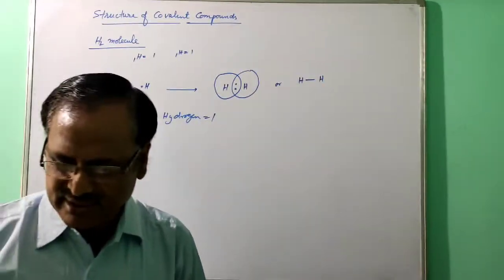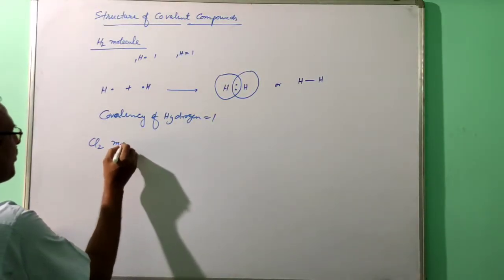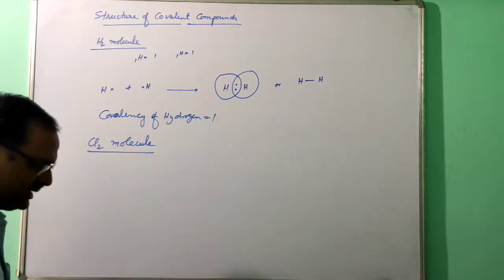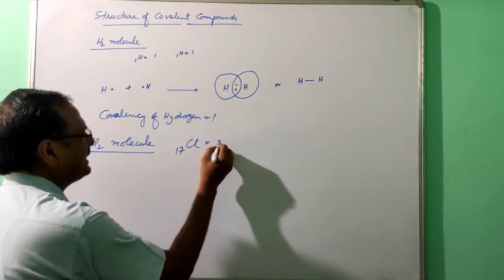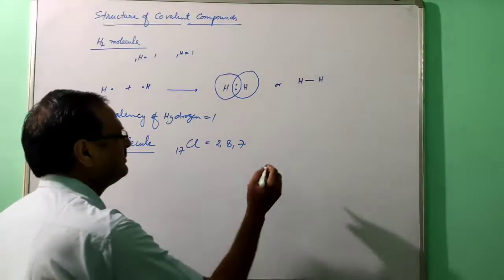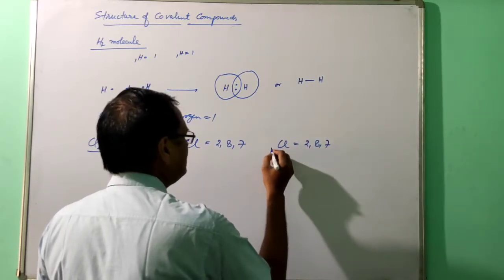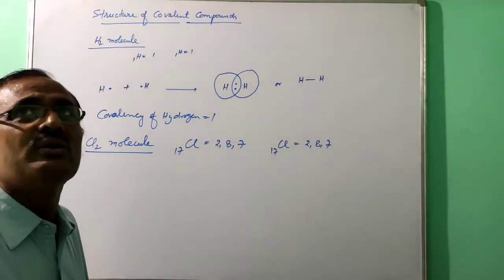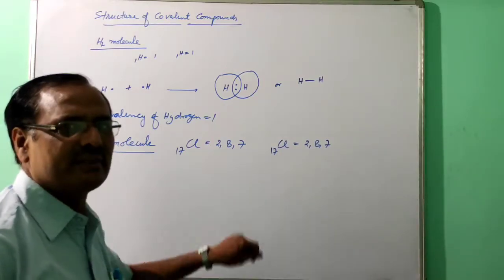Now the next structure, the chlorine molecule, Cl2. So 2 chlorine atoms are there. Chlorine atomic number, you know, is 17. Electronic configuration is 2, 8, 7. Another chlorine atom also has electronic configuration 2, 8, 7. How many electrons are needed to complete the octet? Just see, 1 electron is needed. 7 electrons are there.